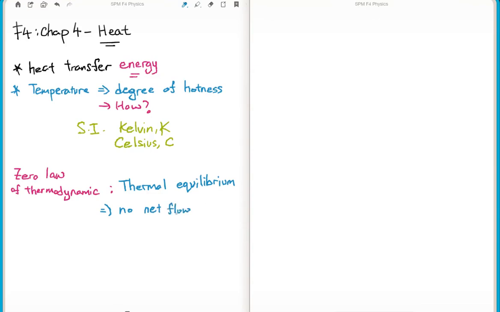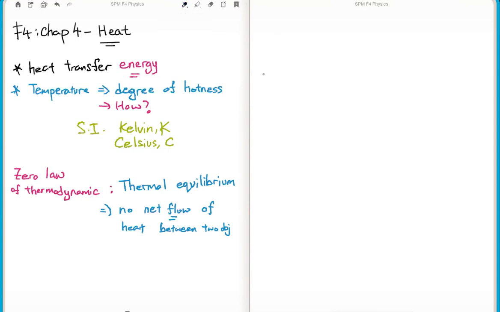No net flow means the direction of heat going in and out is the same, or the amount of heat going into the object and out of the object is the same. It means no net flow of heat between two objects. Okay? Too much wording. Let's put it into graphical form.